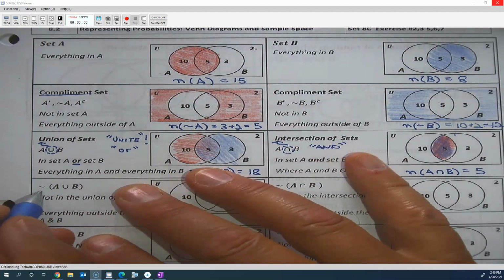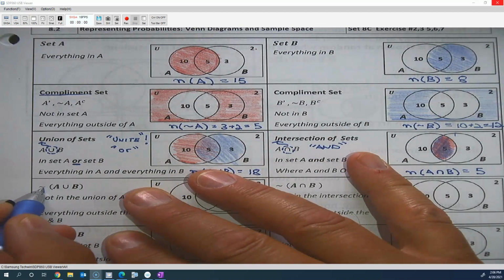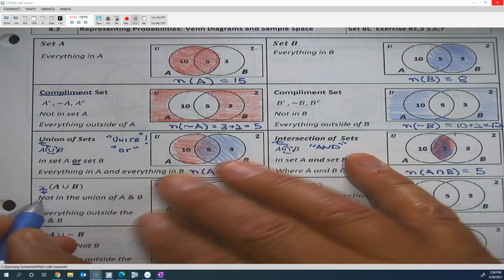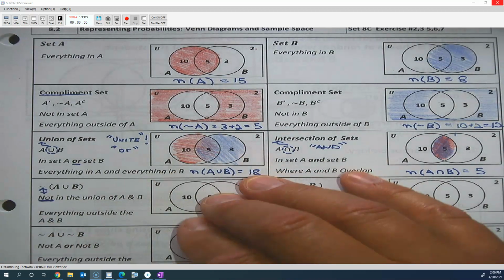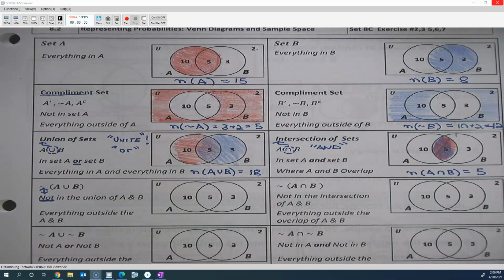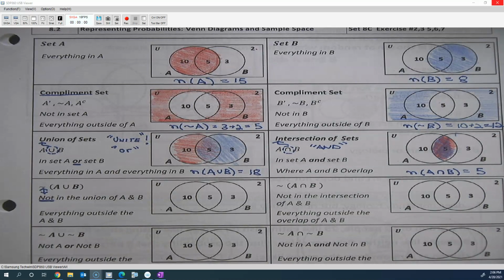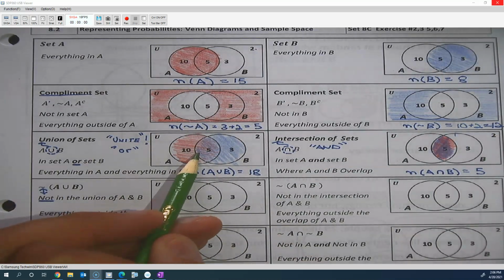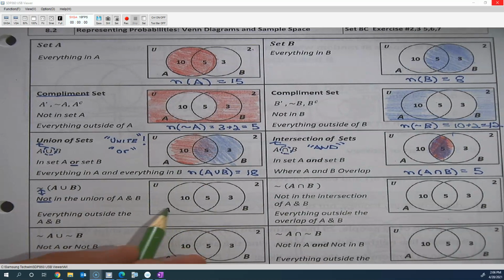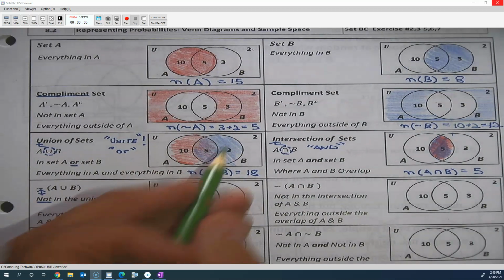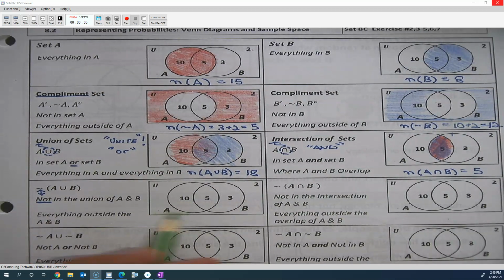When I see that little squiggle or apostrophe, that stands for the word not. Anything that's a not is outside. So all we're going to do is take this drawing right here and color in everything that's outside of those two.